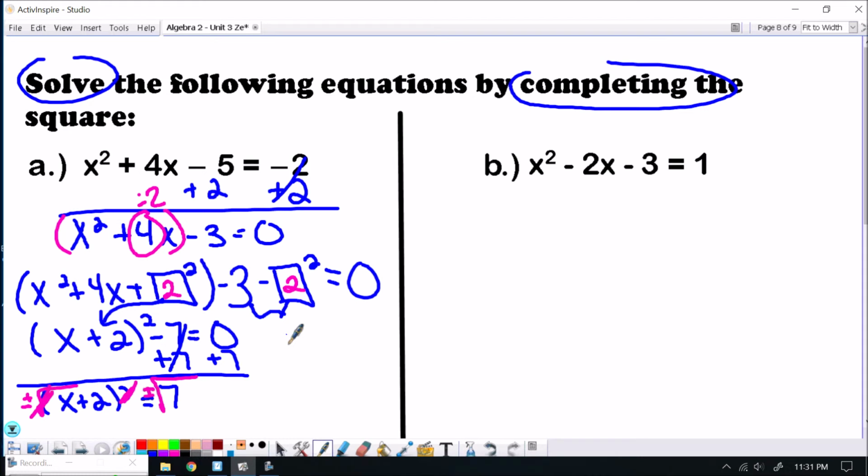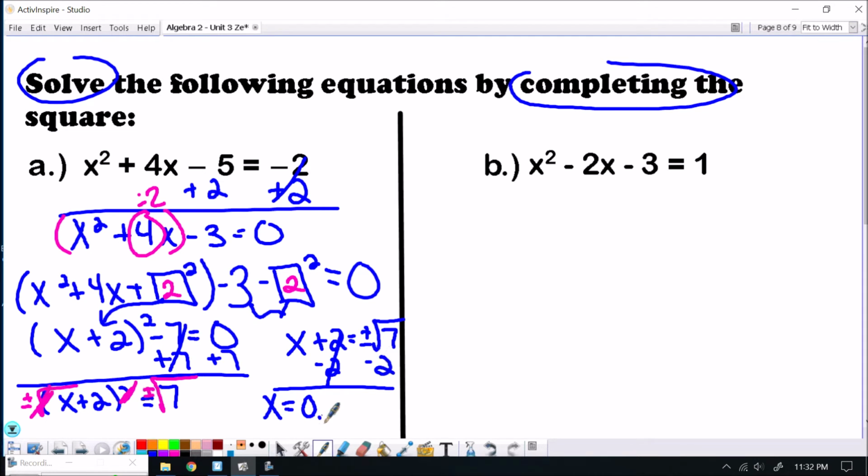So I have x plus 2 equals positive and negative square root of 7. And then I'm going to subtract the 2. So I have x is equal to positive square root of 7 minus 2, and negative square root of 7 minus 2.